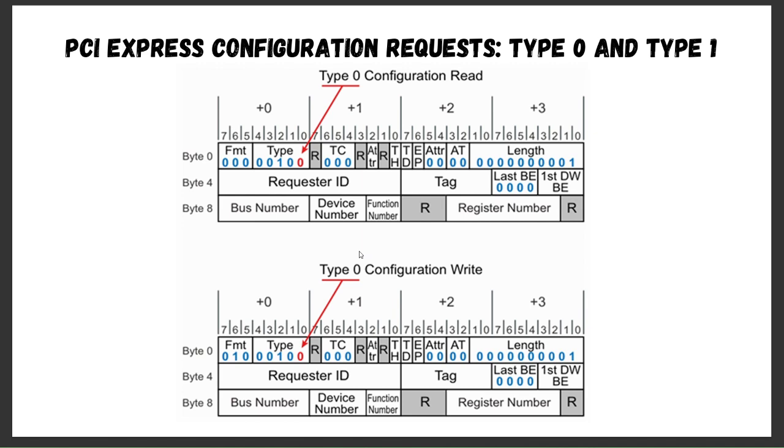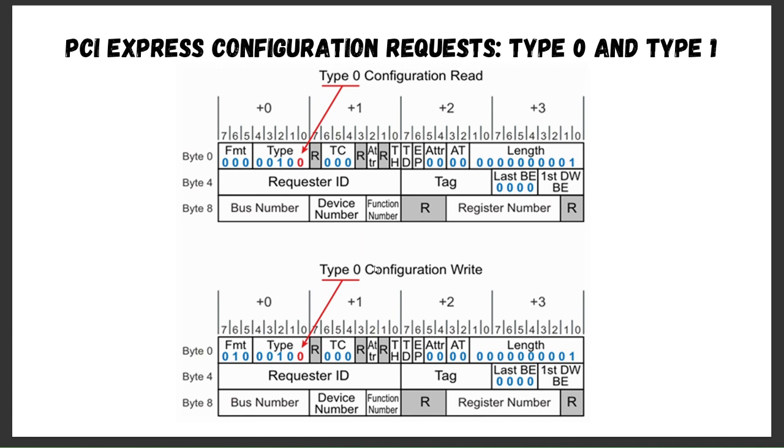Next is checking the function number. The selected device then checks the function number to identify which function within the device is being accessed. Devices can have multiple functions. For example, a network card could have a control function and a transfer function. Next, selecting the register.